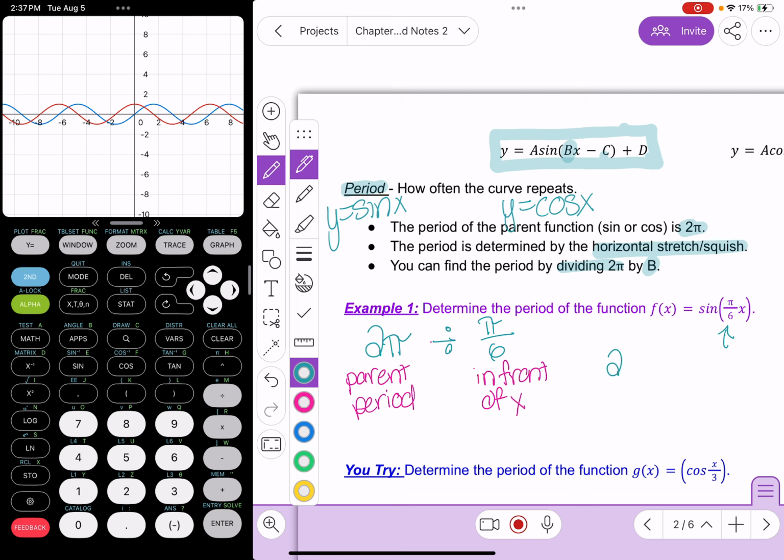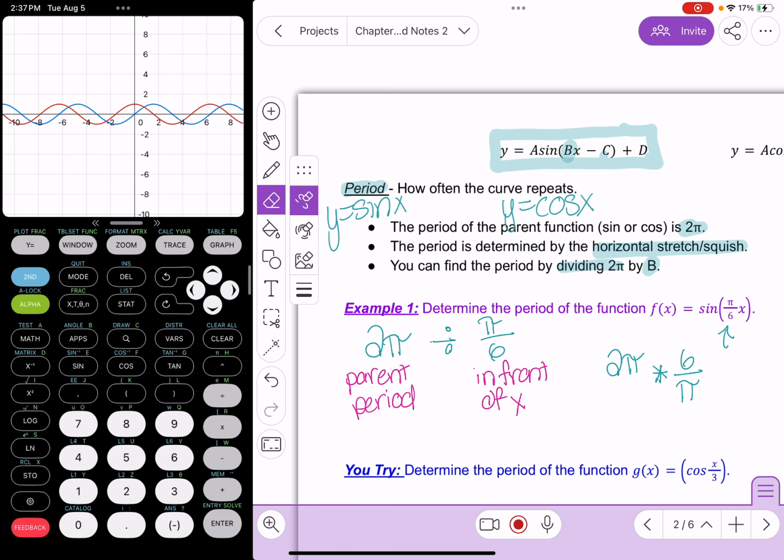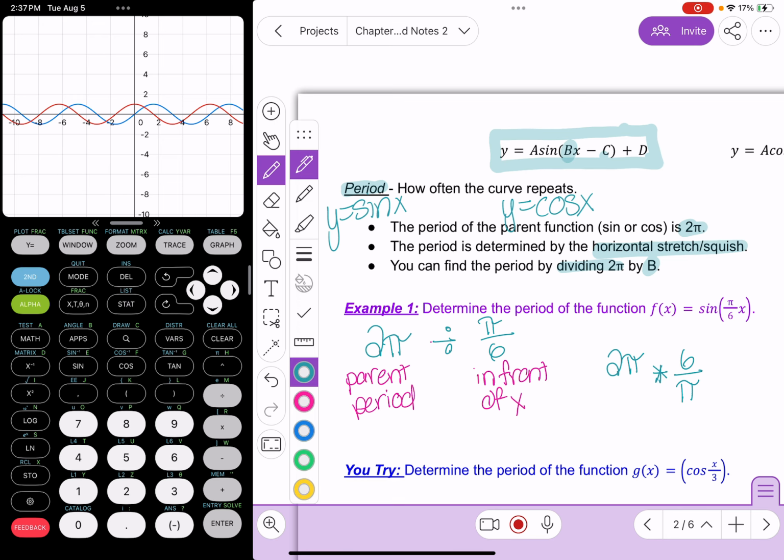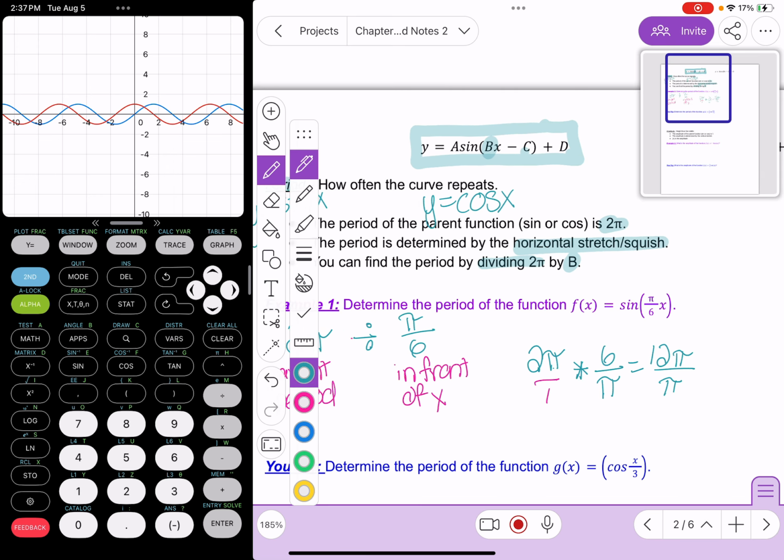So when we divide fractions, we keep the first one, change the division to multiplication, and then flip the second one. So pi over 6 becomes 6 over pi. And then we multiply. So 2 pi times 6 becomes 12 pi. 1 times pi becomes pi.